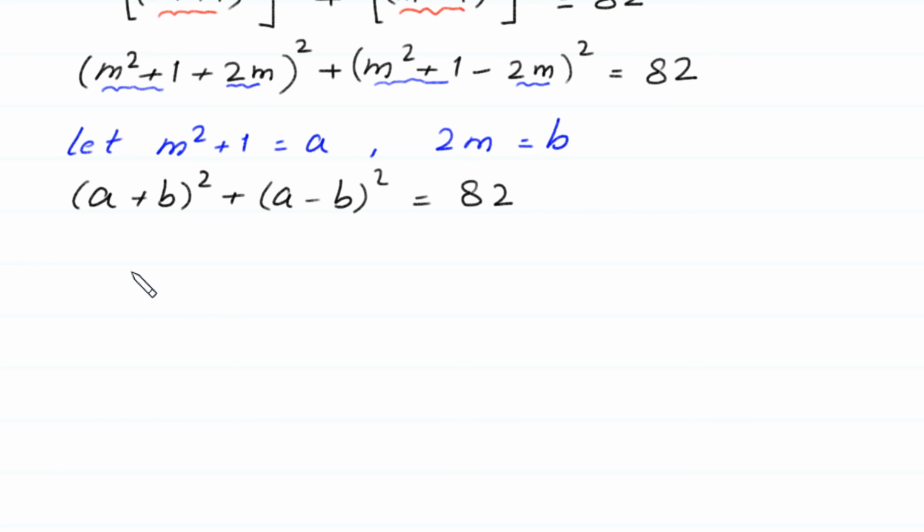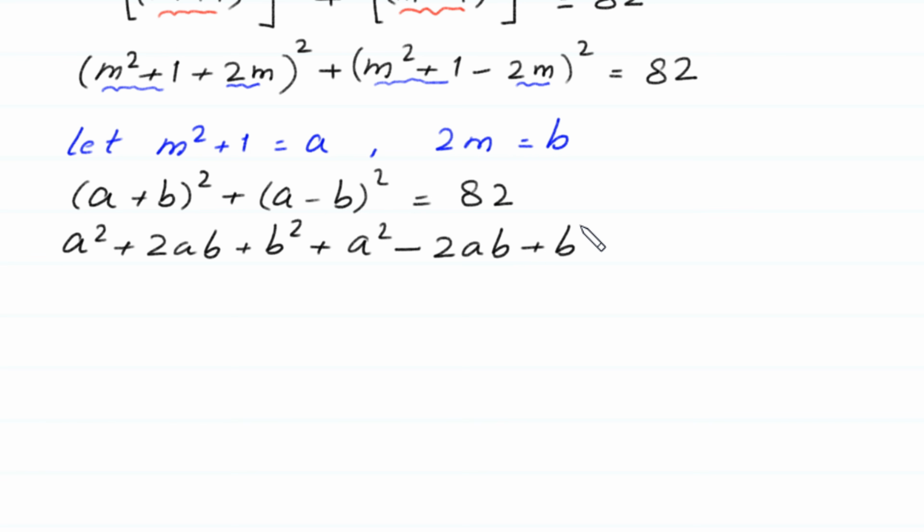Now according to algebraic identity, (a + b)^2 is equal to a^2 + 2ab + b^2, plus, and this (a - b)^2 is equal to a^2 - 2ab + b^2, is equal to 82.